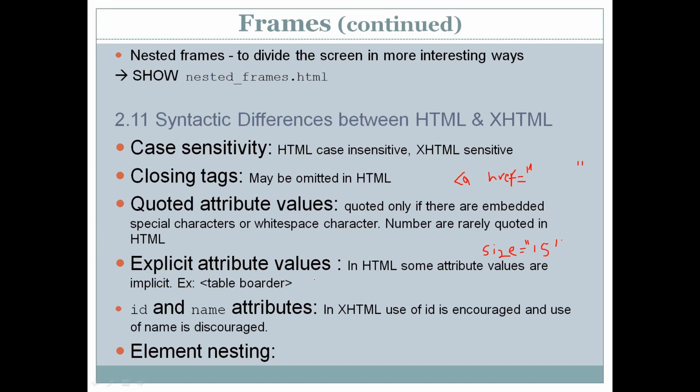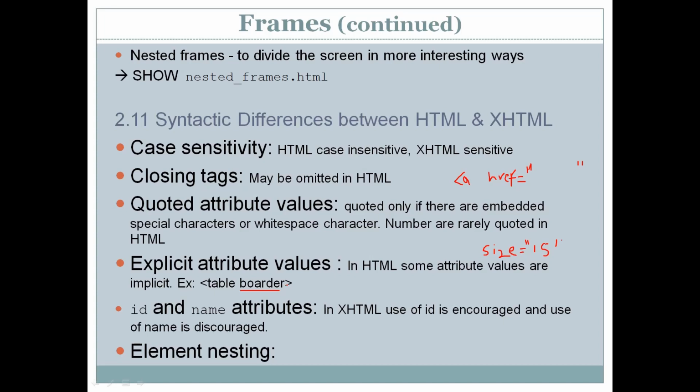Then explicit attribute values. In HTML, some attribute values are implicitly considered. For example, table border. Even when you specify table border alone, this is valid in HTML, but this is invalid in XHTML because there is no value for the attribute border.